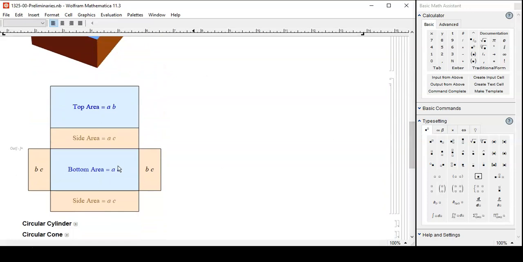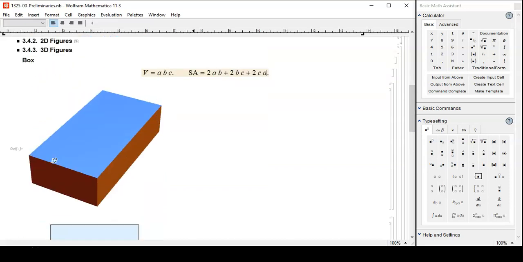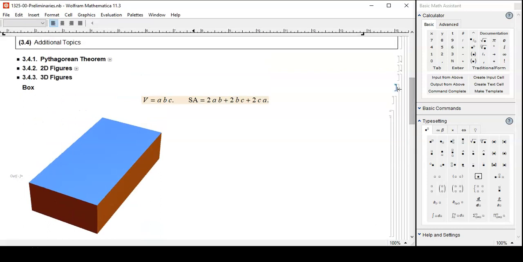So bottom area AB, top area AB, side area AC, and side area BC, you see, A, B like that, and then height is C. And if you draw this on a paper and cut through and then fold over, then you can retrieve this box. And from this kind of argument, you can get all the surface areas.